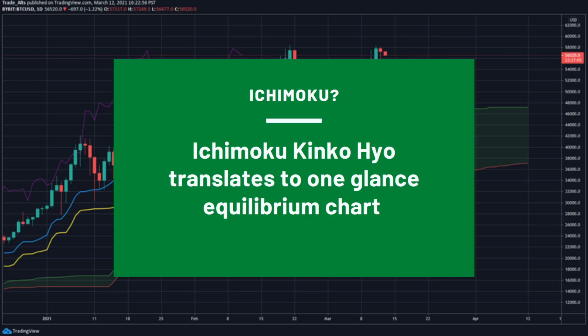So I will say when it comes to my trading and scrolling through dozens and dozens of charts a day, Ichimoku really helps me to decide whether something is bearish or bullish and be able to instantly formulate a trading plan very quickly, and in a lot of senses, much quicker than other trading methods that I have used. So we'll get into that more in the video, but that is what Ichimoku Kinko Hyo means.